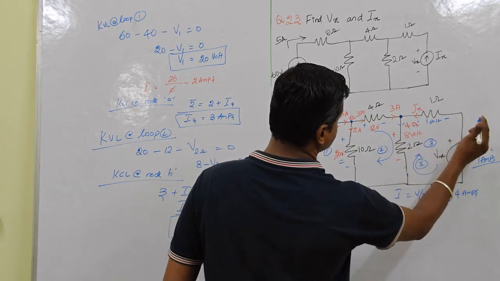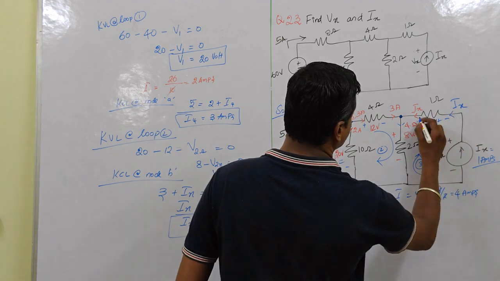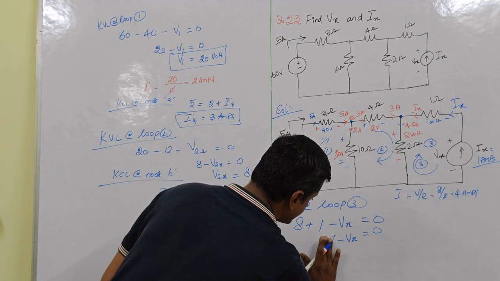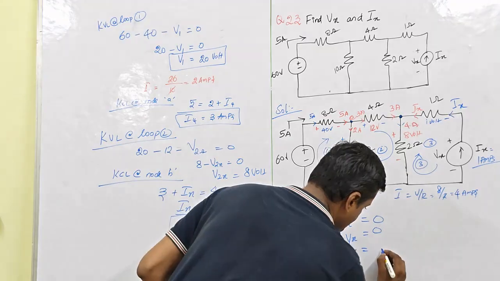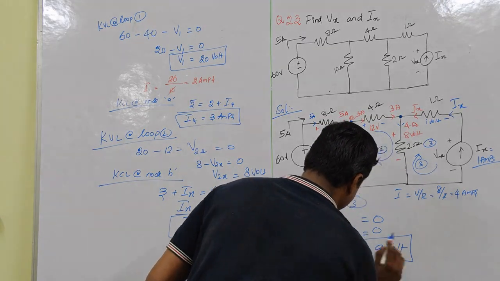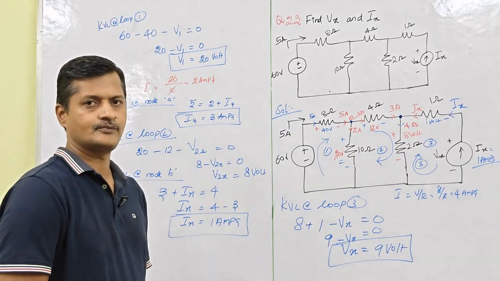Here the current entering is Ix. So 8 plus 1 is equal to 9. So Vx is equal to 9 volt. So what is the value of Vx? Vx is equal to 9 volt.